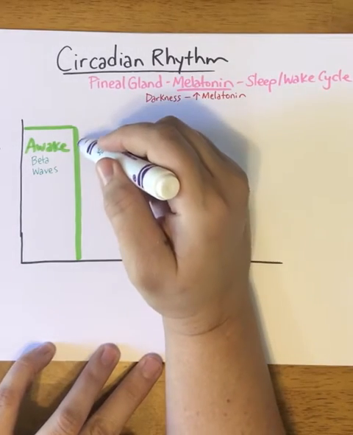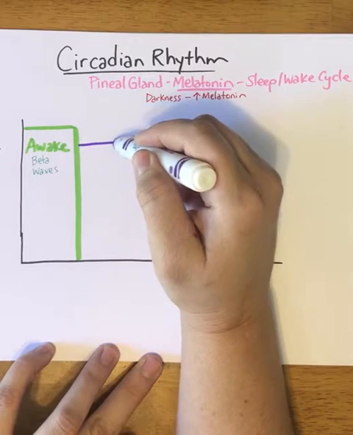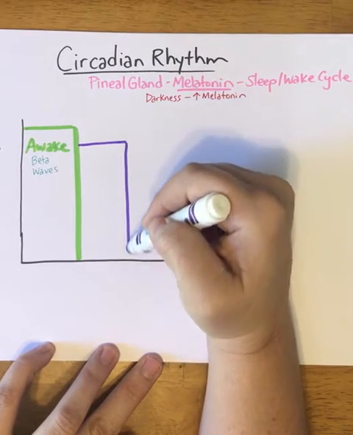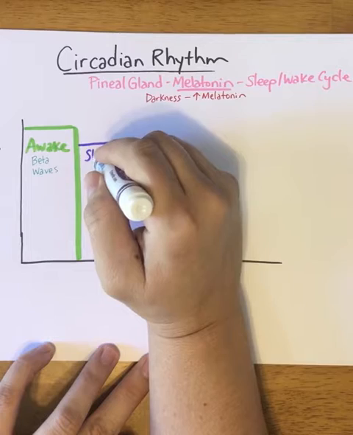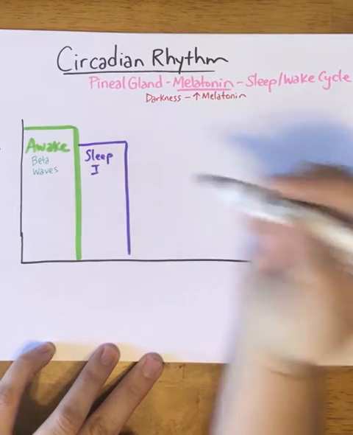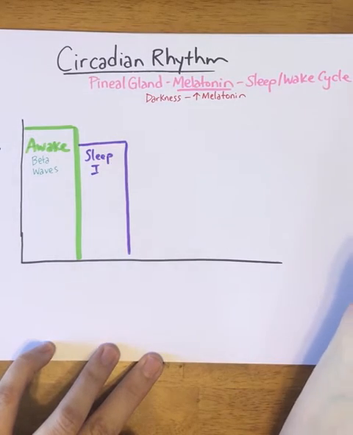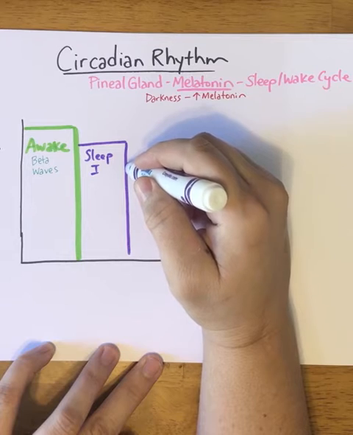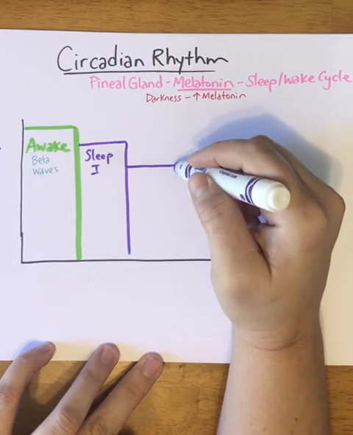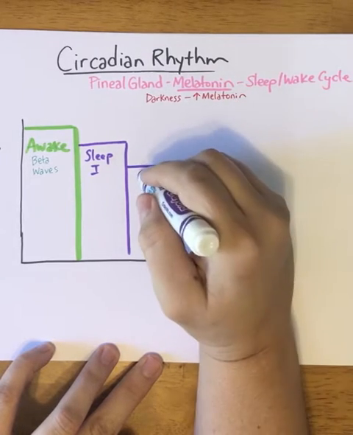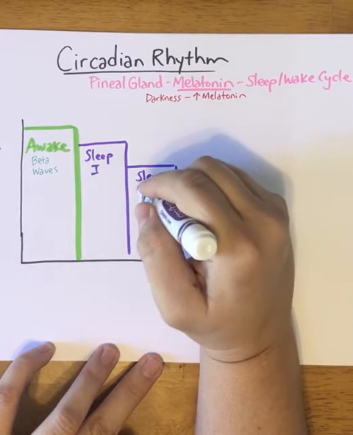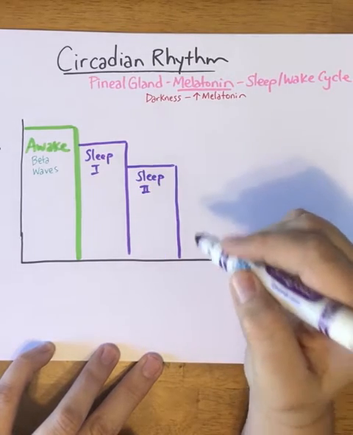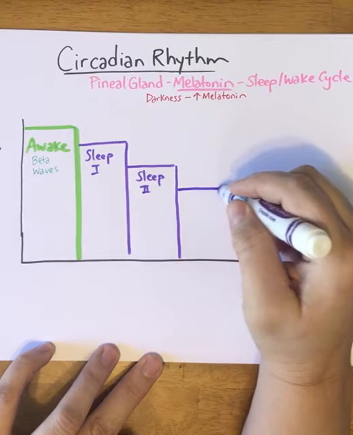So you get drowsy because you start producing melatonin. So this is going to be sleep cycle 1. You start to produce more melatonin. Second stage, more melatonin, sleep cycle 2. And then you have sleep cycle 3.